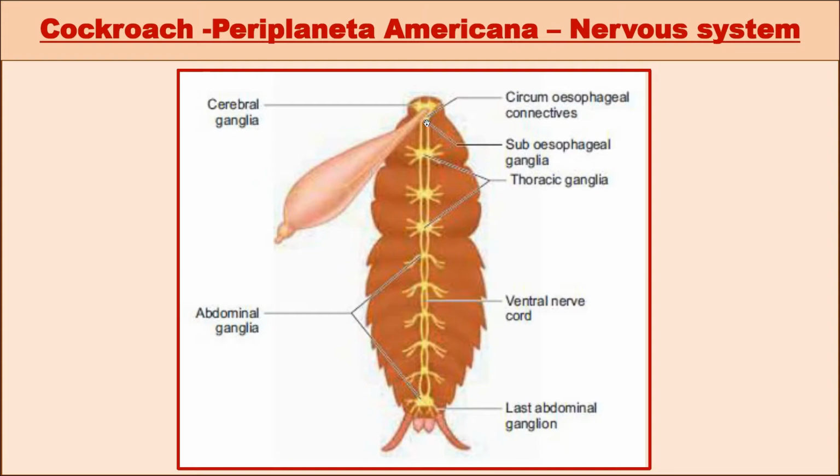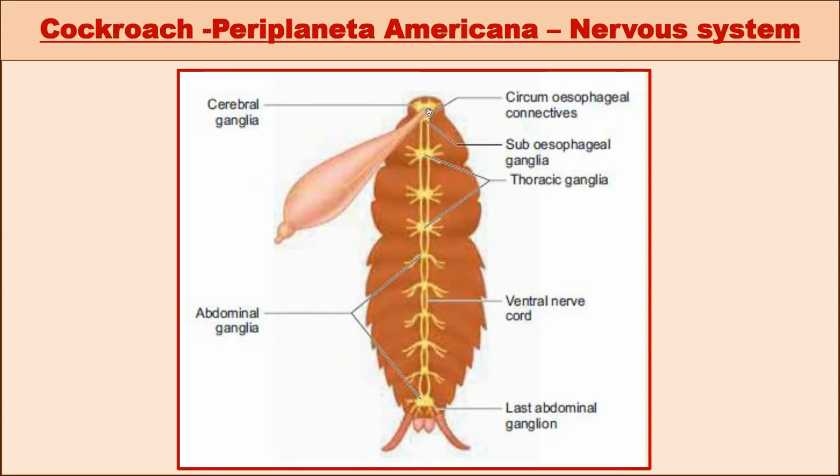Below the esophagus, they have the subesophageal ganglion, which is considered a motor center that controls the movement of the mouth parts, legs and wings. This is formed by the fusion of paired ganglia of mandibular, maxillary and labial segments of the head.